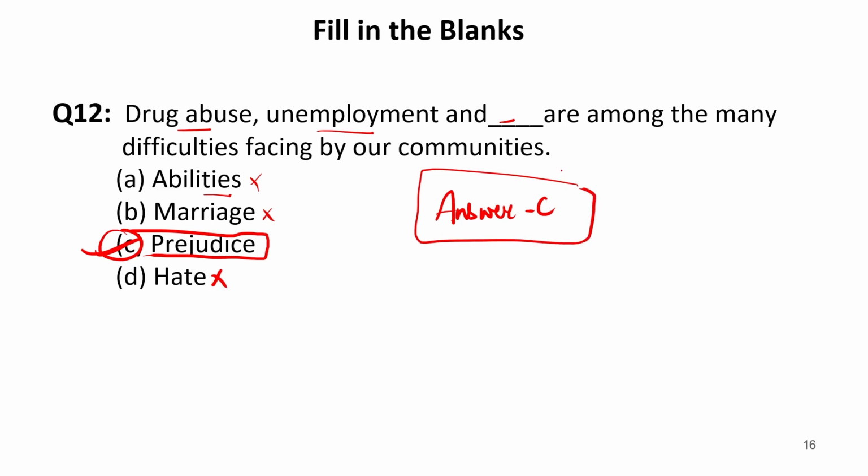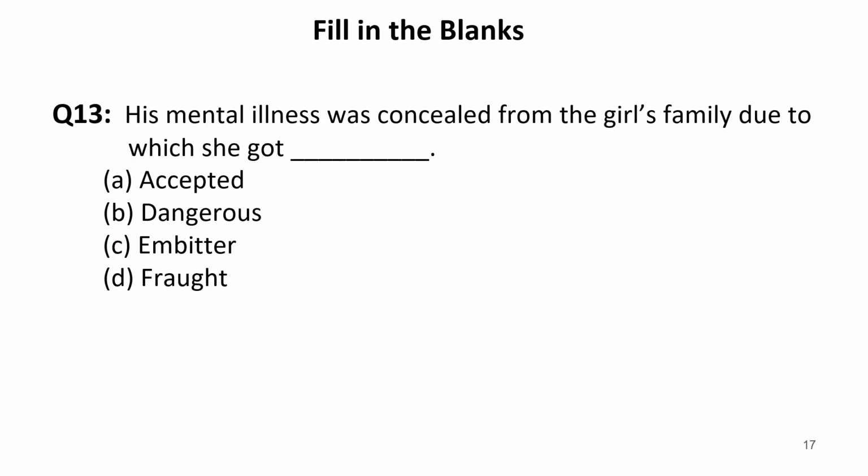Now let us move to the next sentence. His mental illness was concealed. Concealed means hide or hid. From the girl's family due to which she got dash. It means the family of the boy concealed or hid the mental illness of the boy, because of which the girl had to suffer. Obviously, accepted is not suitable over here.